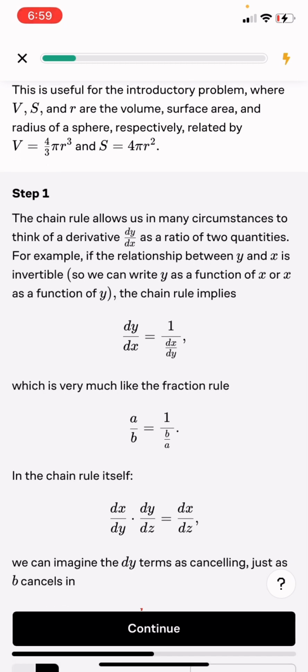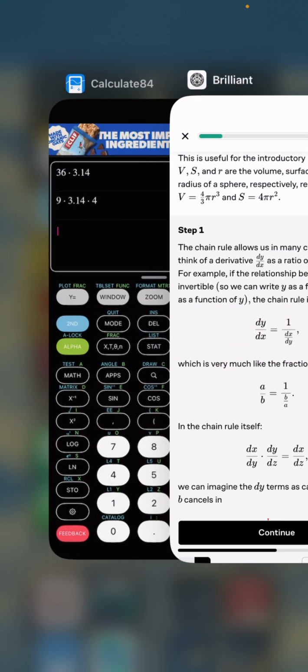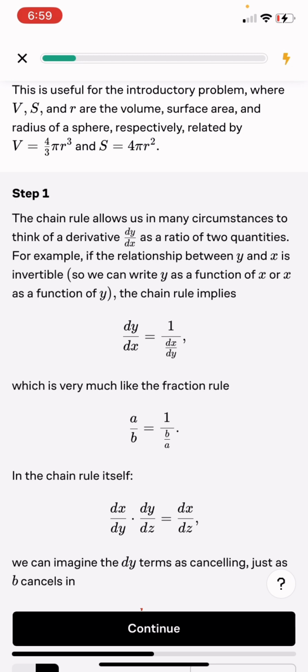The chain rule allows us in many circumstances to think of a derivative of y over derivative of x as a ratio of two quantities.